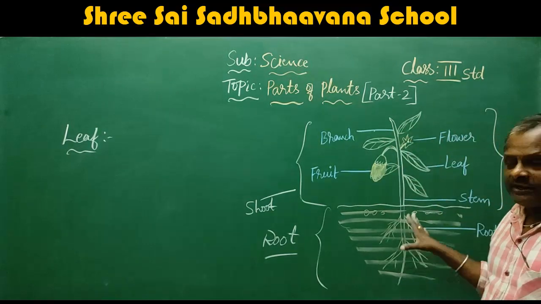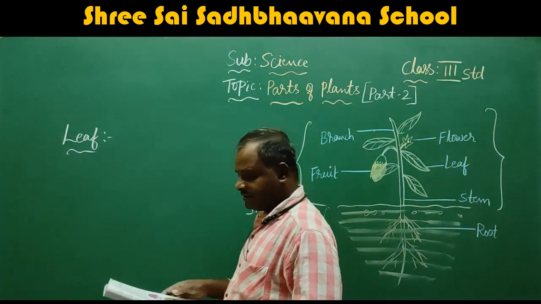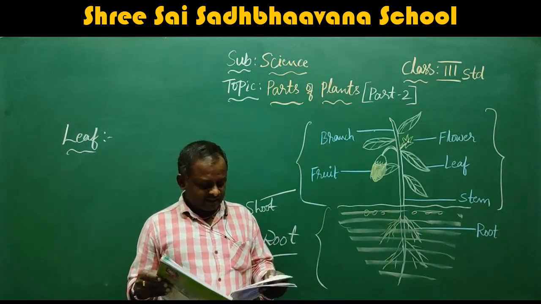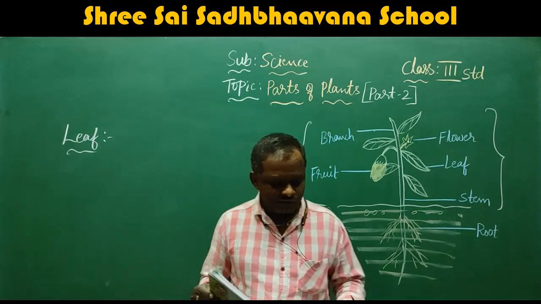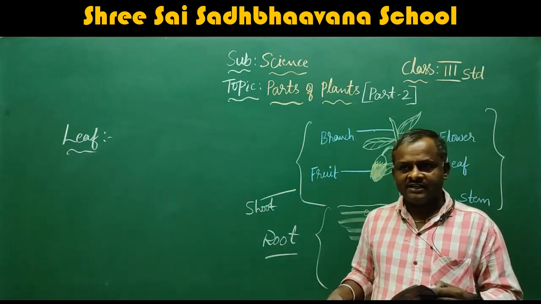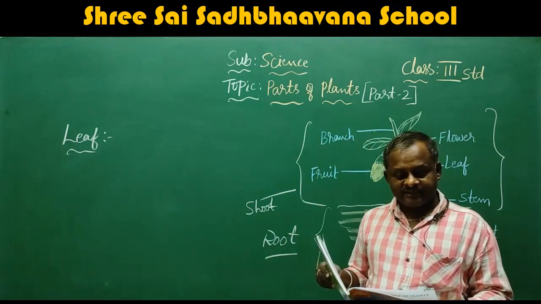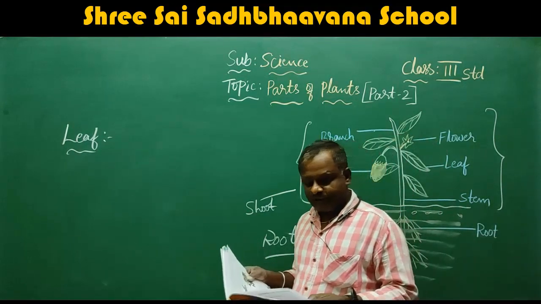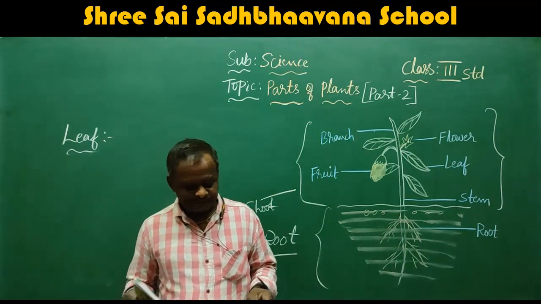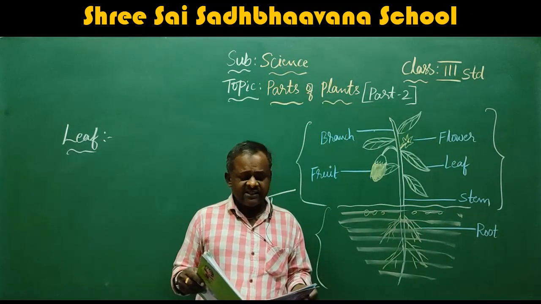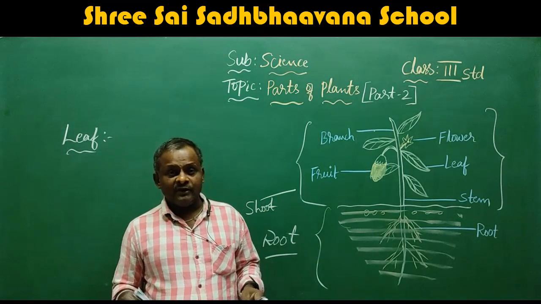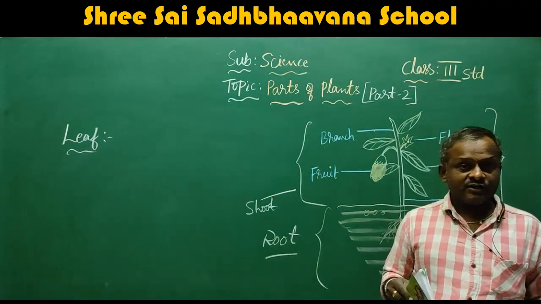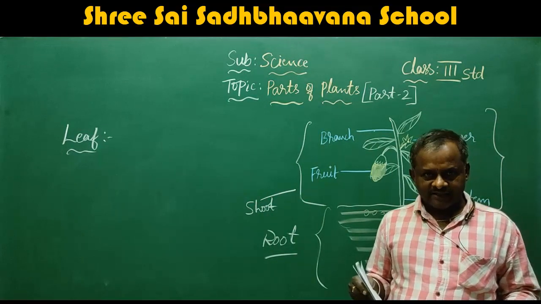We have already completed the shoot and root system. In the shoot, we learned the functions and the parts present, that is stem, branches, leaves, buds, flowers and fruits. And in the root, we learned its function, how it holds the plant and how it avoids soil erosion.